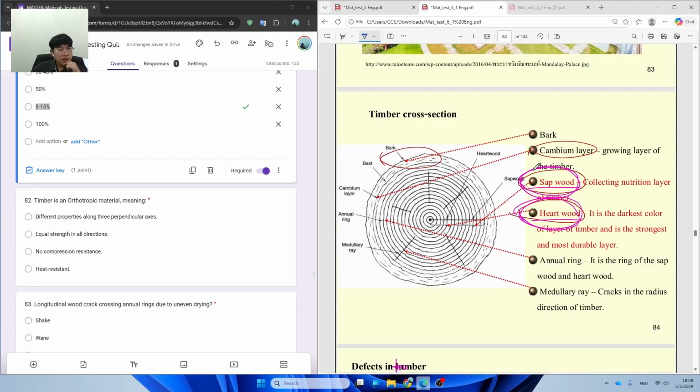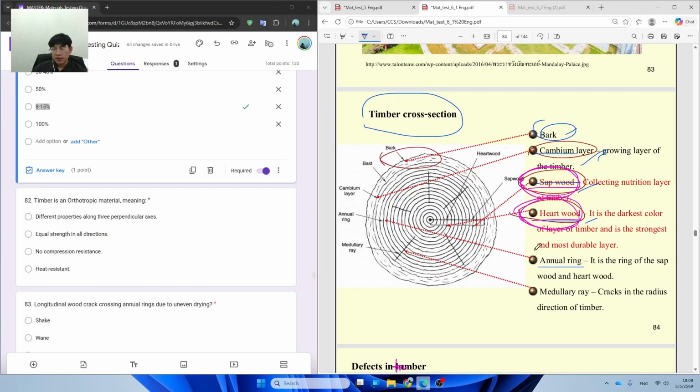In timbers, we need to note the material itself. If we cut the section, we have many parts or layers of the timber, such as bark, cambium layer, sapwood layer, and hardwood layer.